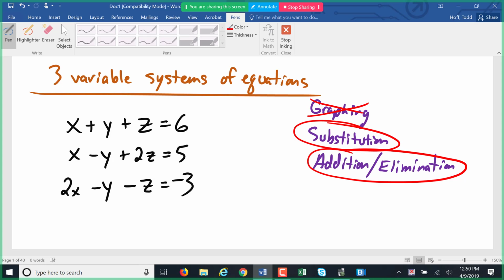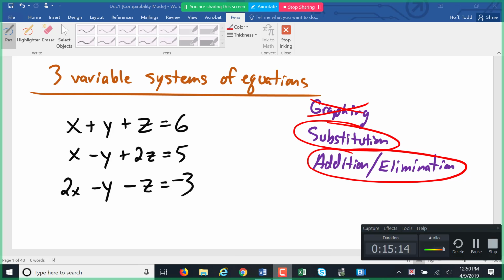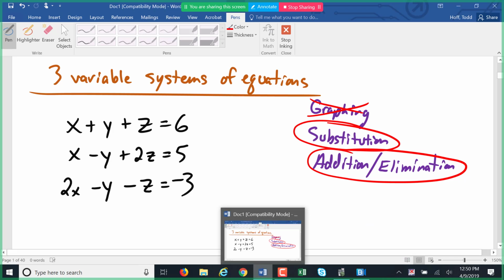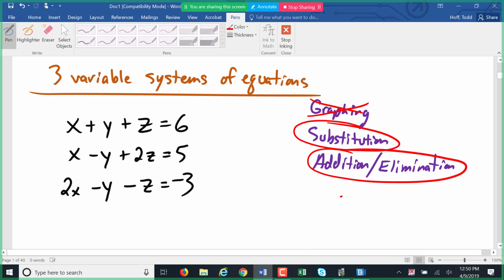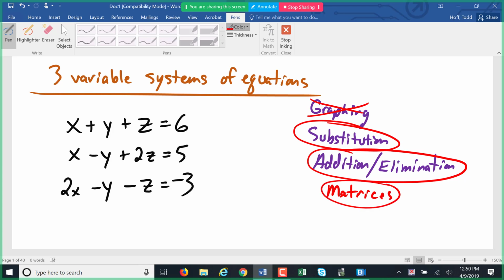Tomorrow, we're going to look at a method more on the electronic side of things, how computers and calculators work with systems of equations. We're going to look at matrices, which is going to be an additional tool for solving these systems of equations. So anyway, let's take a look at how we would solve this system of equations with substitution.